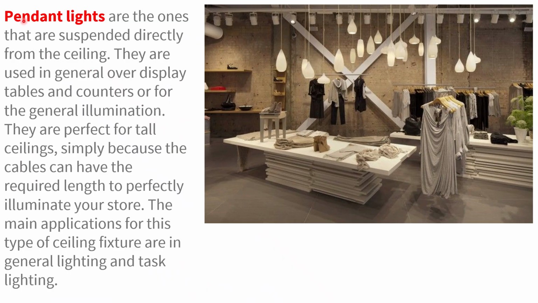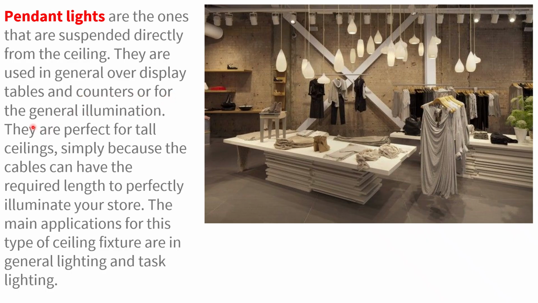Now we are discussing pendant lights, also known as sconces, which are the ones that are suspended directly from the ceiling. They are used in general over display tables and counters or for general illumination.